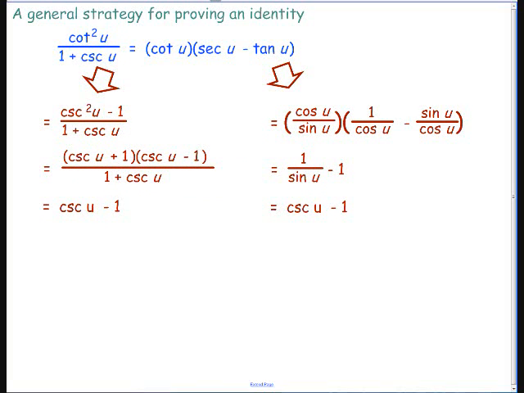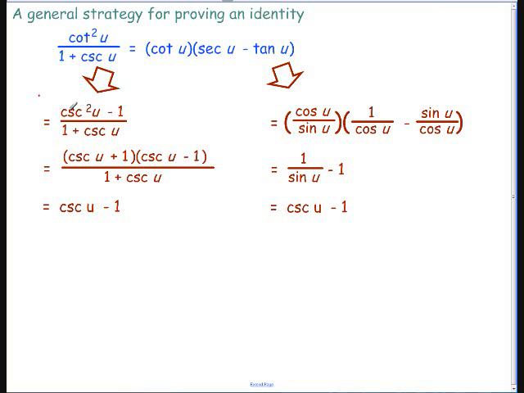So in this one, when I looked at it, I thought, oh, I don't know, I don't see how I'm going to go here. So I thought, well, I'll work with this a little bit and see what I get to. And then I'll work with this a little bit and see what I get to. So what did I do over here?